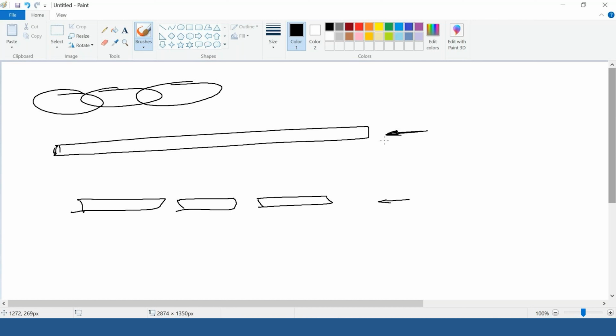For understanding, I'm just drawing one switch, and these are my servers, which are connected to this switch.